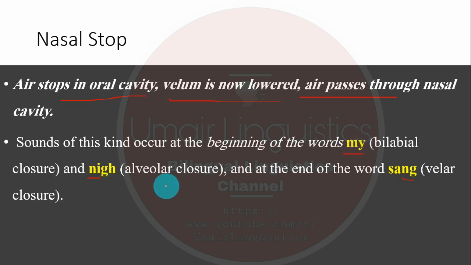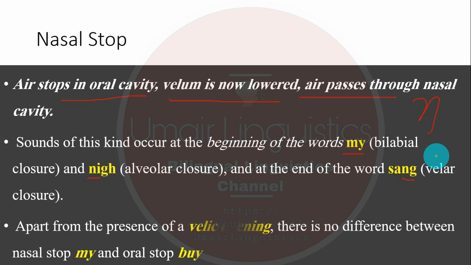In "nigh", it is an alveolar closure because the position is the alveolar ridge, and at the end of "sang" we have a sound which we show through this symbol. Because this is pronounced at the velar position, it is called a velar closure.